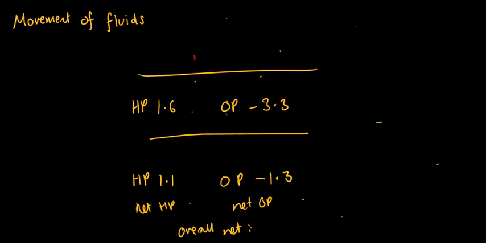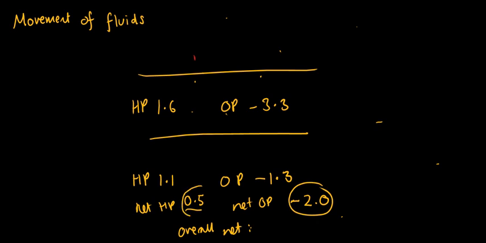Okay, so hopefully you've done that. So our net hydrostatic pressure is going to be 1.6 minus 1.1, which is going to give us 0.5. Then we're going to have our net oncotic pressure, same as it was before, minus 3.3 minus 1.3, which is going to give us minus 2.